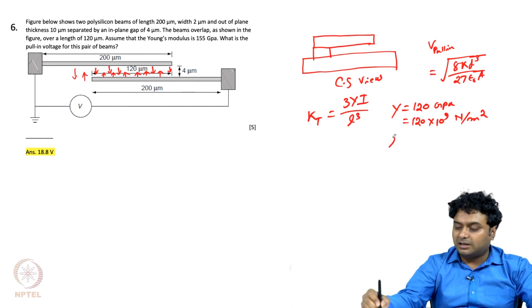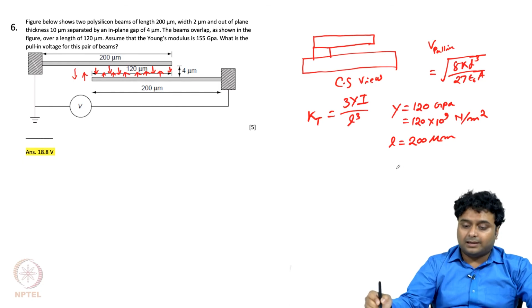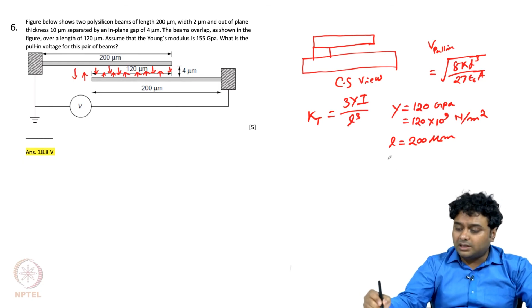Then L is given as, here we need to take 200 micron, not 120 micron, because I am considering the whole beam, right, and width W is 2 micron and out of plane thickness is 10 micron, so thickness is 10 micron.